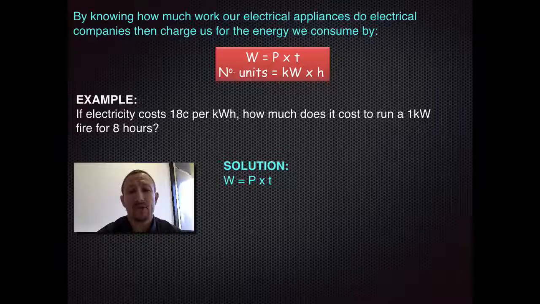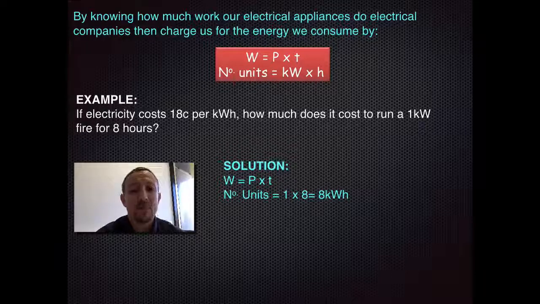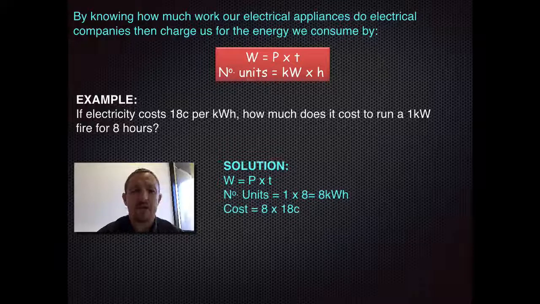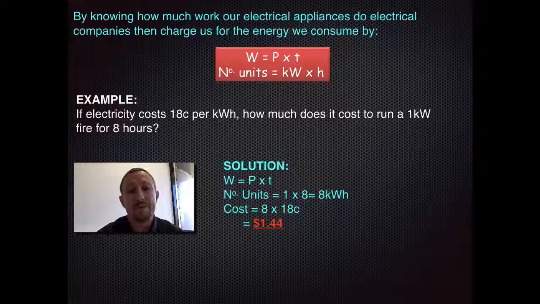I use my equation for work equals power times time. Now I know the power was 1 kilowatt and I know my time is 8 hours. So the number of units is 8 kilowatt hours. So as a result, the cost will be 8 kilowatt hours times 18 cents, which gives me a total cost of $1.44 to run that fire over 8 hours.